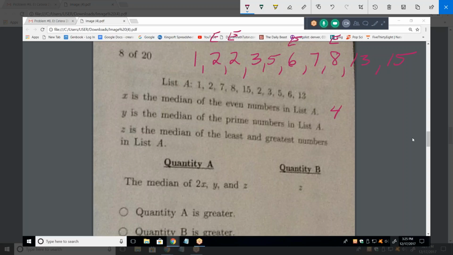What's the median of the prime numbers? So that's prime, that's prime, that's prime, that's prime, that's not, that's prime, that's not, that's prime, and that isn't. So we have 6 prime numbers. What's the median? Let's see. 1, 2, 3, between 3 and 5, also 4, right?